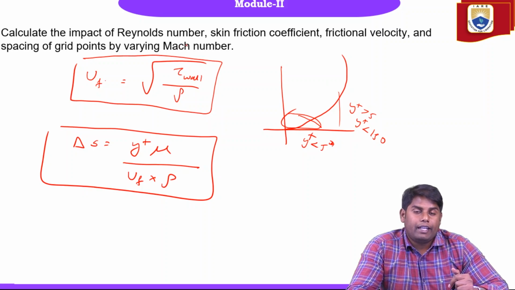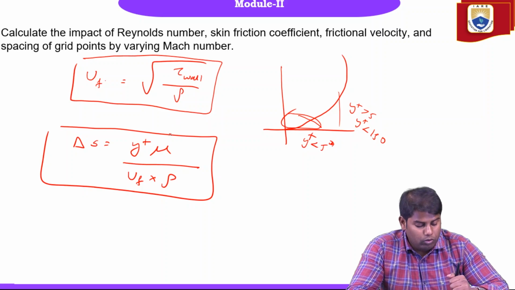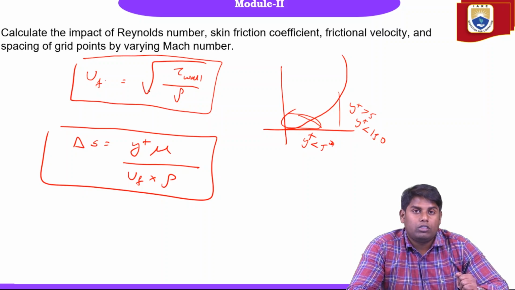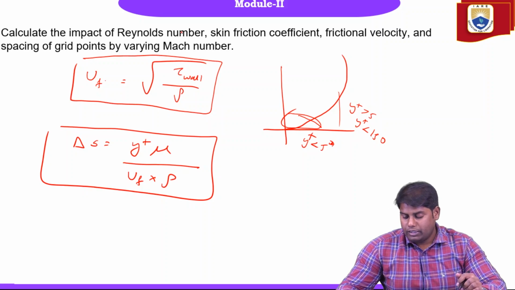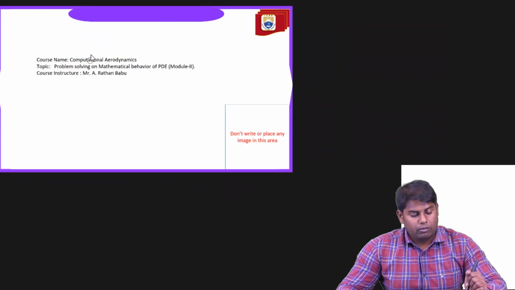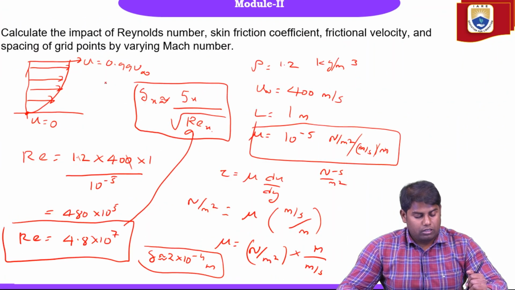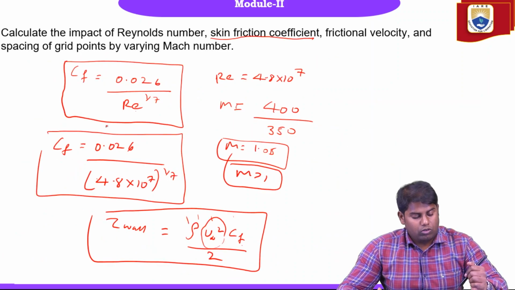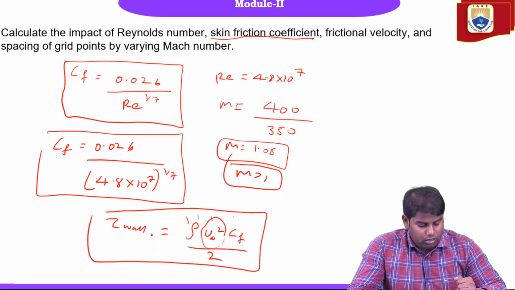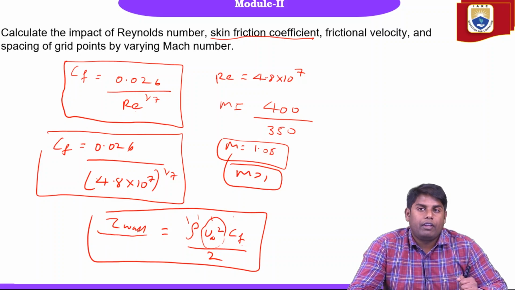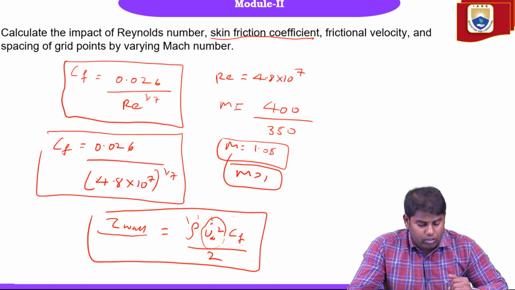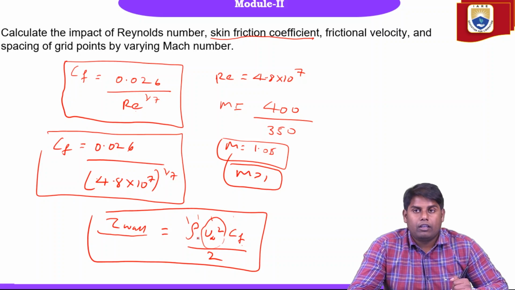Once we get the approximate y plus value, and we know the value of mu, we will calculate the frictional velocity, and we know tau of wall from the basic formulation we saw in the previous slide. In this tau of wall we have the quantities u infinity, cf and rho.